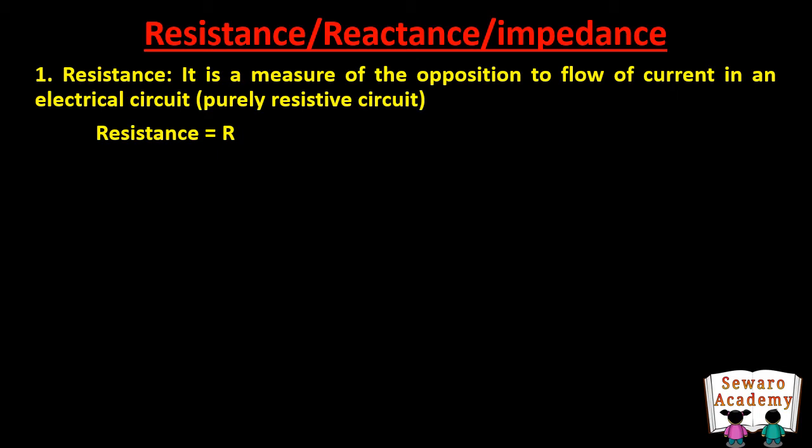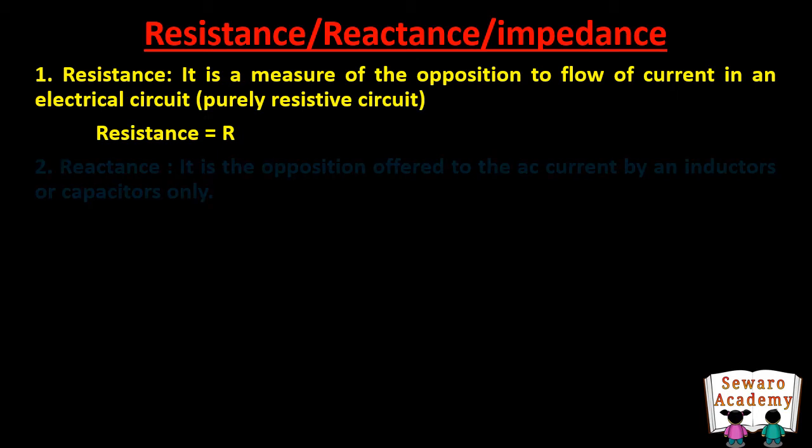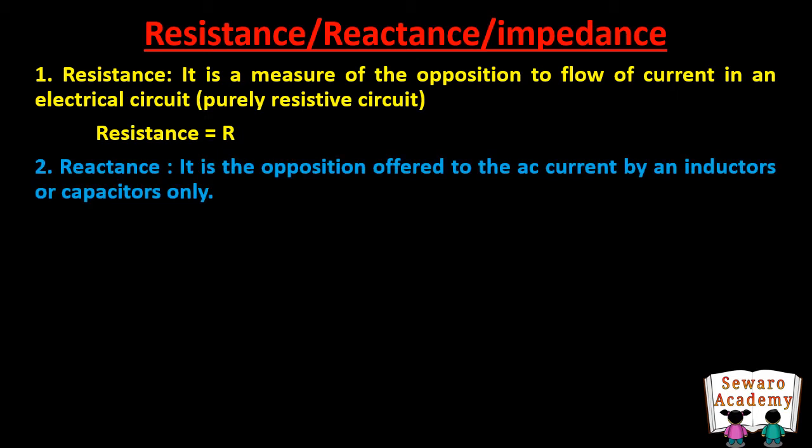Now about reactance, to some extent I have already discussed it in the previous video. So here let me define reactance as the opposition offered to the AC current by inductors or capacitors only. The opposition offered by the inductor is called the inductive reactance, and the opposition offered by the capacitor we call capacitive reactance.